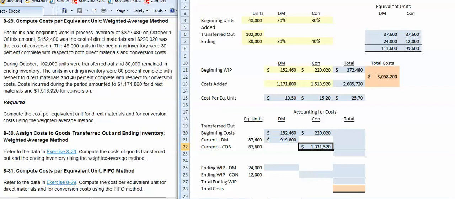So thus, our total cost transferred out that was associated with the beginning work in process, the full $372,480, flows directly through and is transferred out.